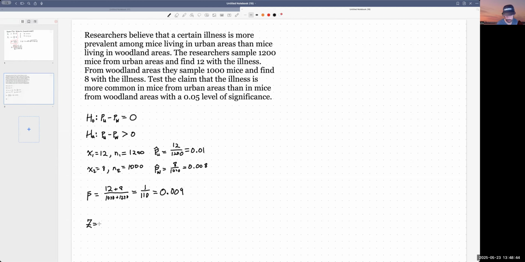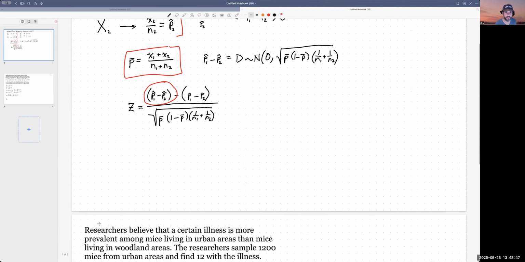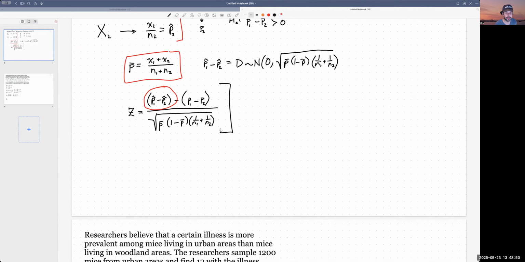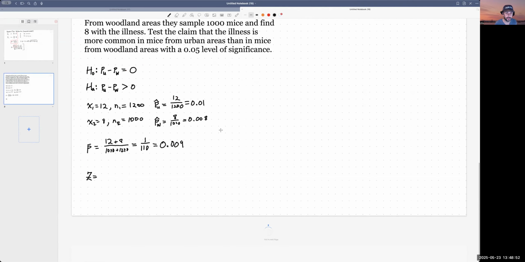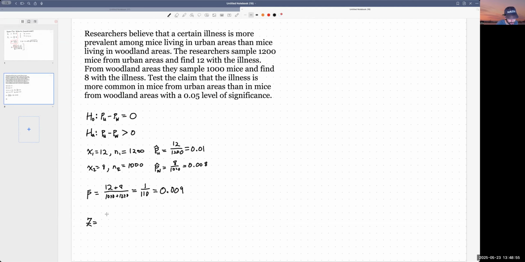So Z is equal to, and again, now we just have all the values. It's a complicated formula, but I'm just plugging everything in. I have the PU hat 0.01 minus PW hat 0.008 minus the difference in our PU minus PW under the null hypothesis. The true population proportions we assume are equal, so that becomes a 0. And then in the denominator, we've got this under the square root.